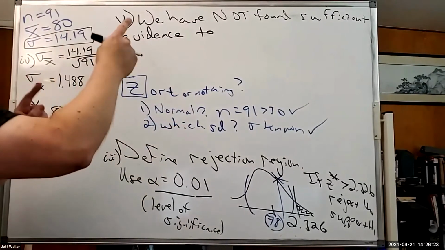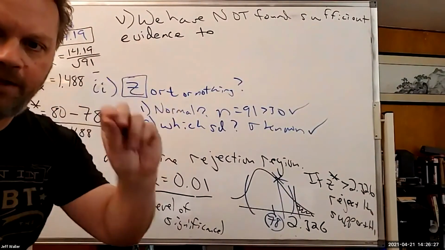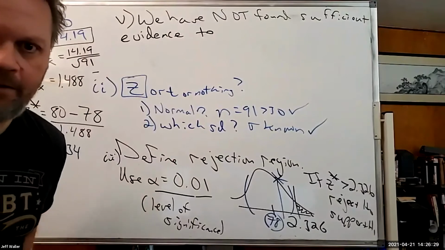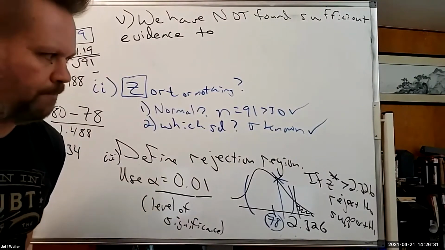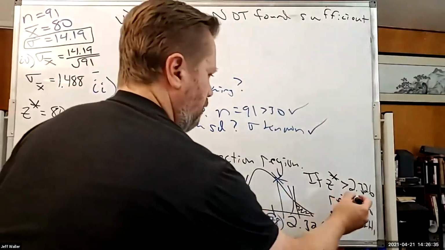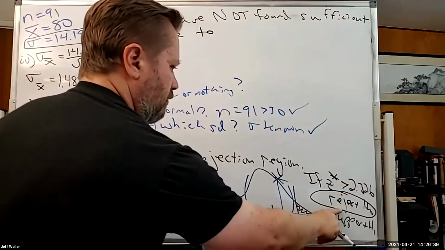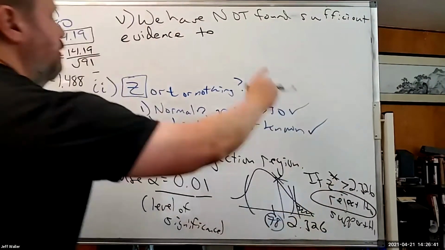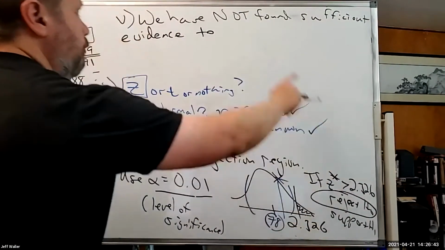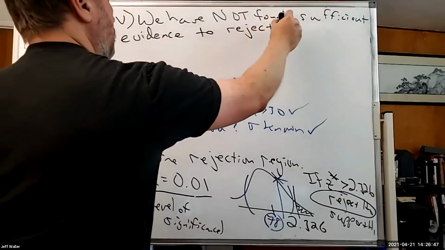Of course, I just erased it. Which one was the claim? The null or the alternate? The H0 or the H1? The H0. So I want to word my conclusion based on what the claim was. So we failed to do this. So we have not found sufficient evidence to reject the claim.